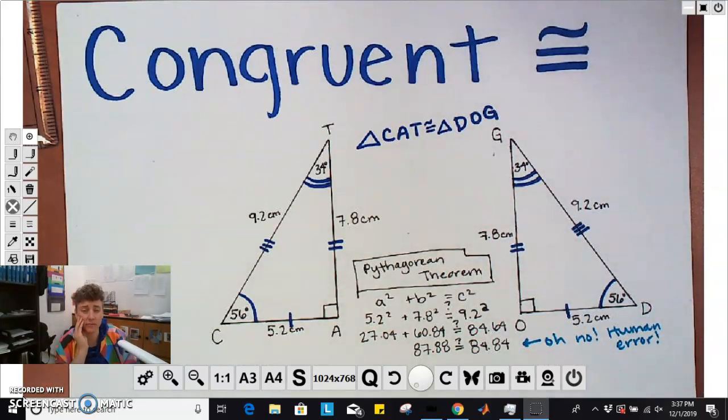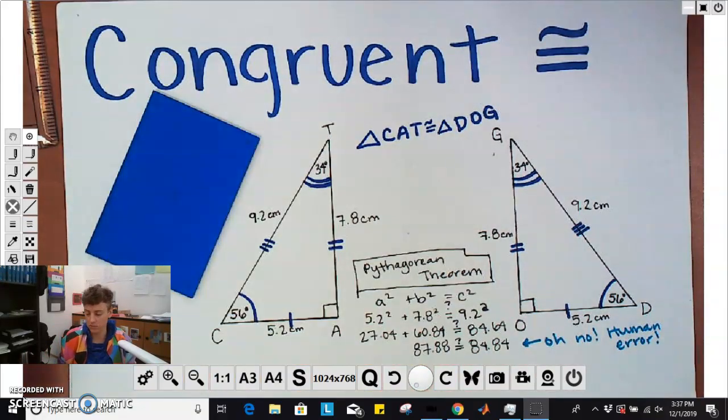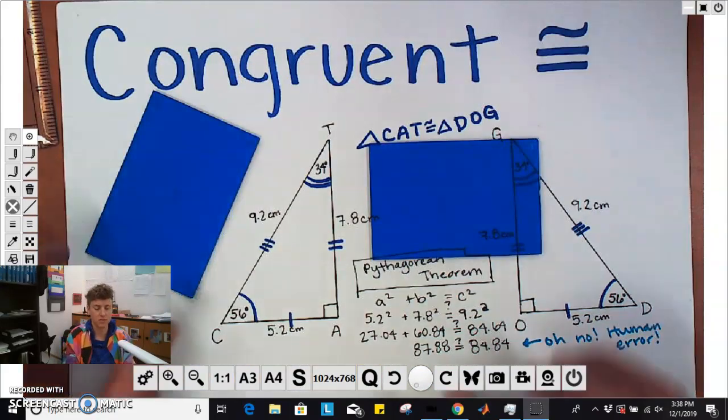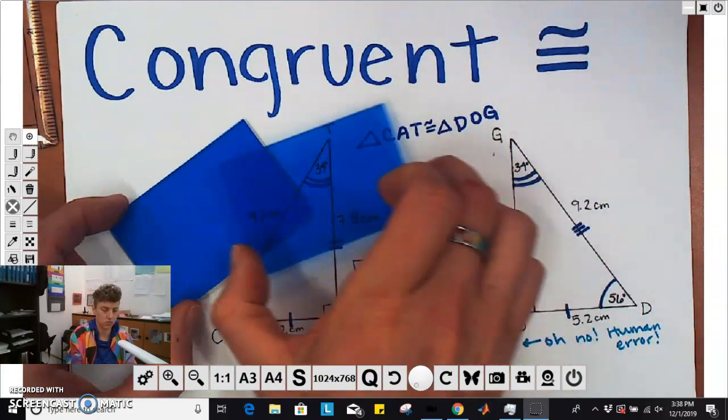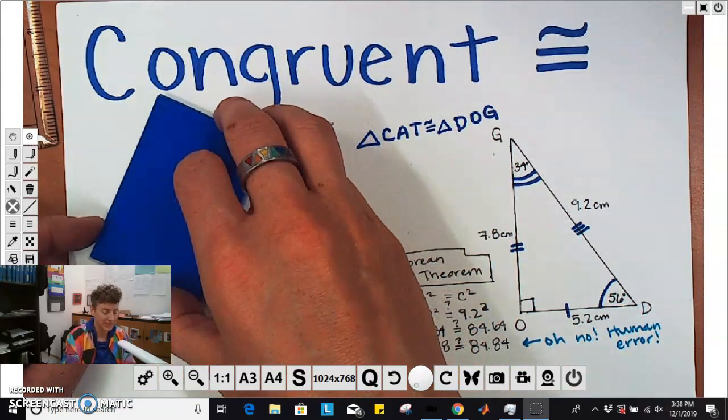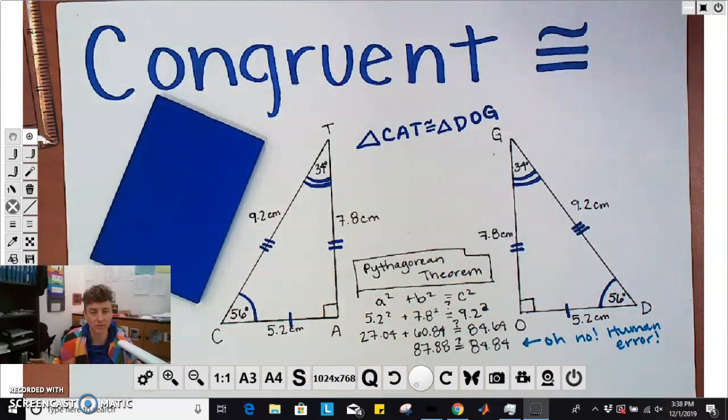That's congruent, man. And it's not just triangles. You could have a rectangle and another rectangle, and as long as you could put them on top of each other, and everything lined up perfectly, they're still congruent.